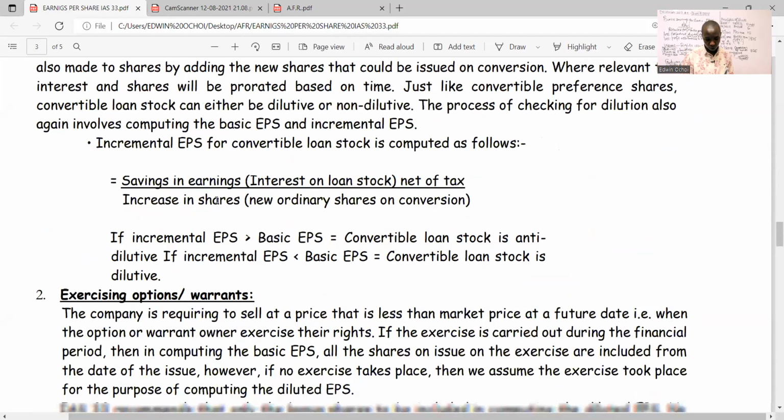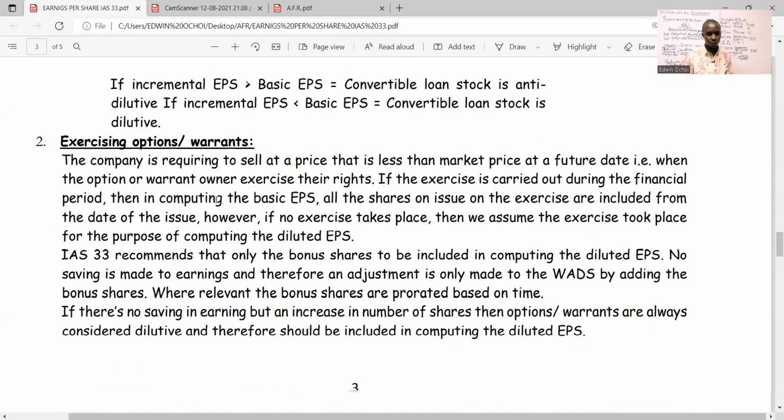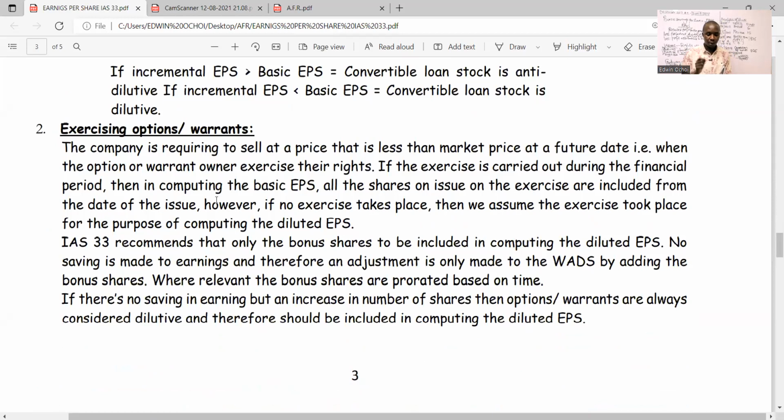And I think these notes, you have them. Under options, the company is required to sell shares at a price that is less than the market price at a future date. So when the options or warrants owners exercise their rights, if the exercise is carried out during the financial period, then in computing basic earnings per share, the shares issued on exercise are included from the date of the issue.